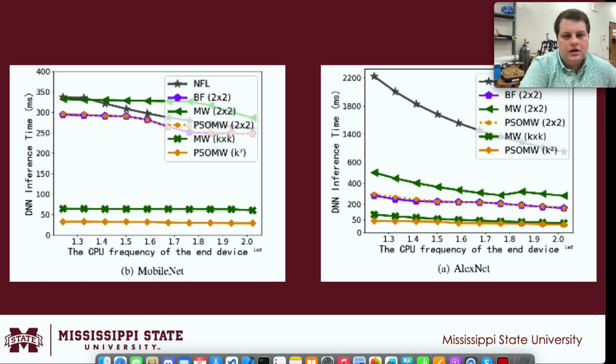We can see here that in both AlexNet and MobileNet, particle swarm optimization with minimum weighting 2x2 consistently produces nearly identical and stable solutions compared to optimal brute force 2x2 with minimal DNN inference times. Additionally, when considering minimum weighting k by k and particle swarm optimization k2, PSOMW outperforms all other methods, achieving the best reduction in DNN inference time, while minimum weighting k by k closely follows.